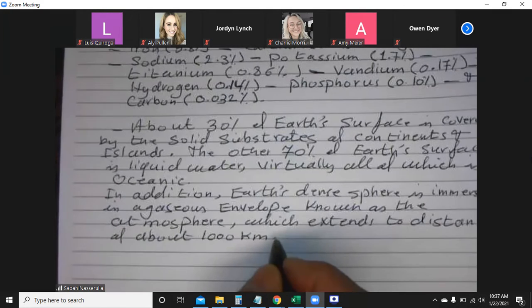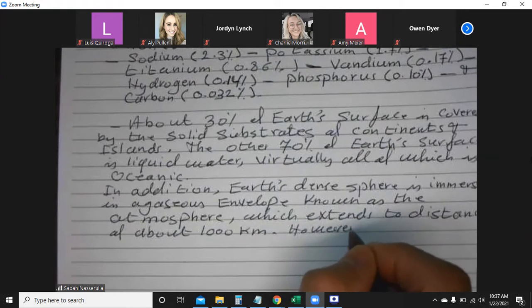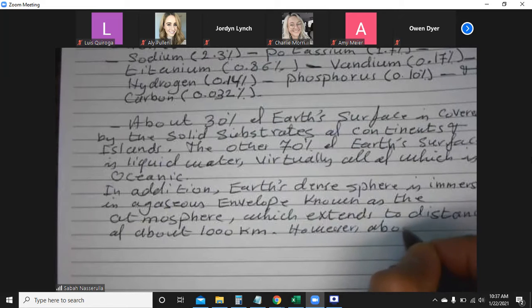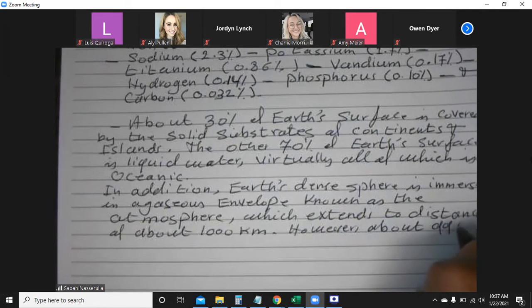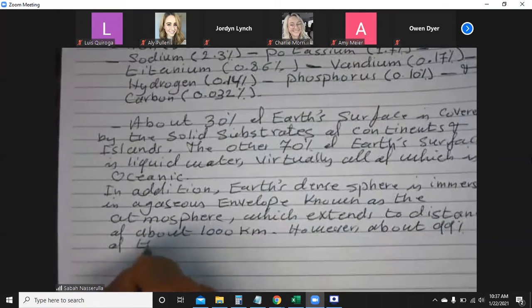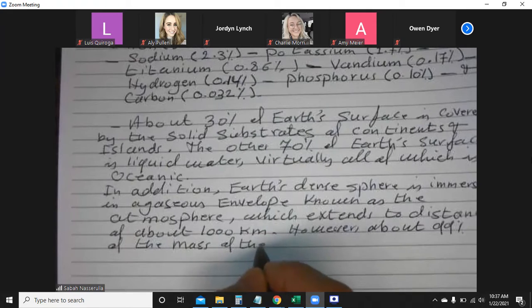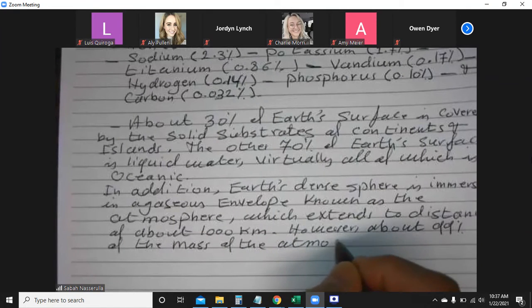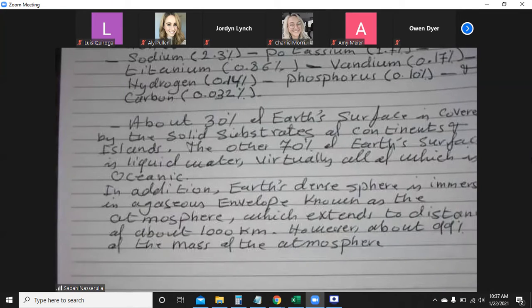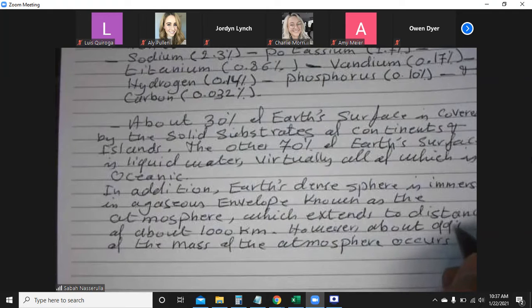Just to mention this point also about the atmosphere, however, about 99% of the mass of the atmosphere occurs within 30 kilometers of the planet's surface.